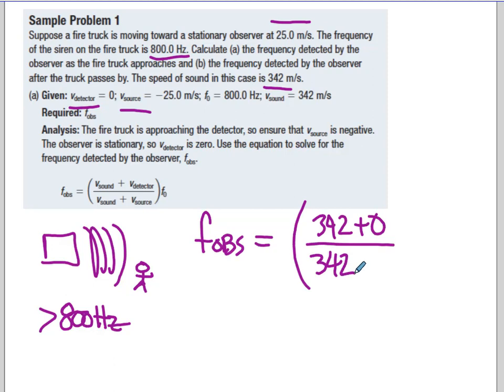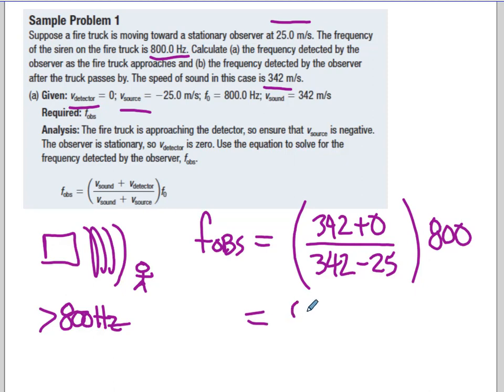Now again, I can try and memorize it, but I just have to think this through. If I want this to be greater than 800 hertz, which is the original out here, I don't want to add 25 to this. I want to subtract 25. And that's really important. So we do 342 divided by 342 minus 25, and then I multiply that by 800.